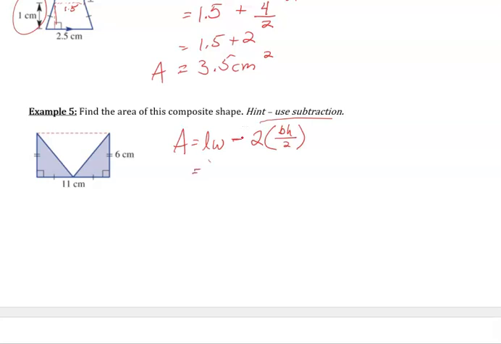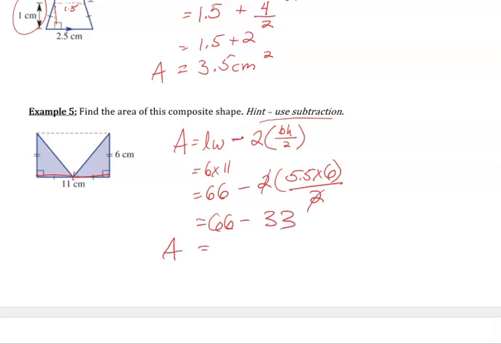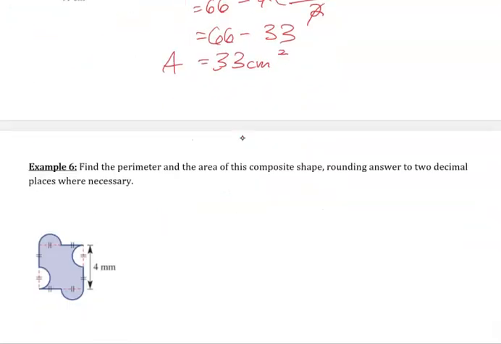Length times width is 6 times 11, which is 66. Minus 2 times base times height. This base is the same as that base, so it's half of 11. So that's 5.5 times 6 over 2. So 66 minus 33 gives our area of 33 centimeters squared, because we took off the two triangles.